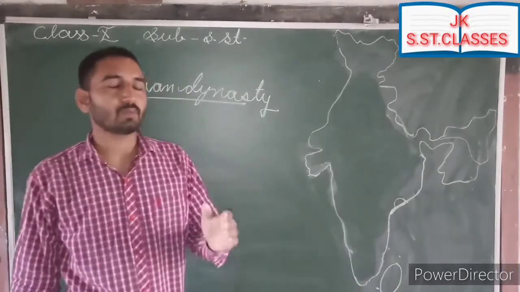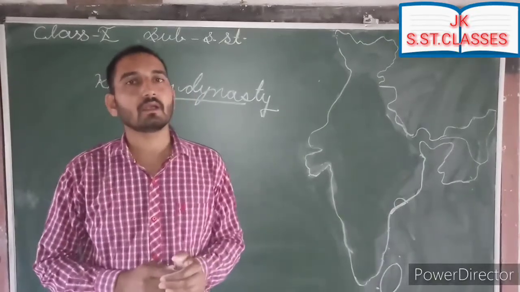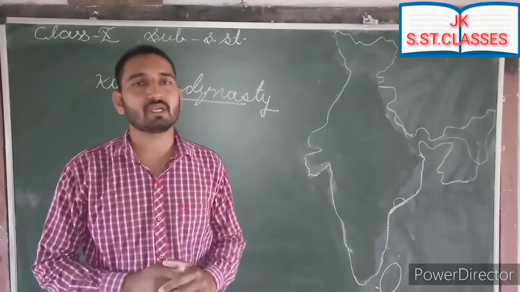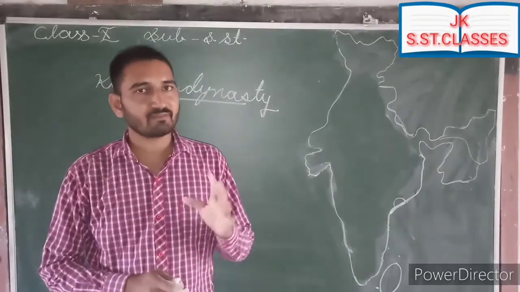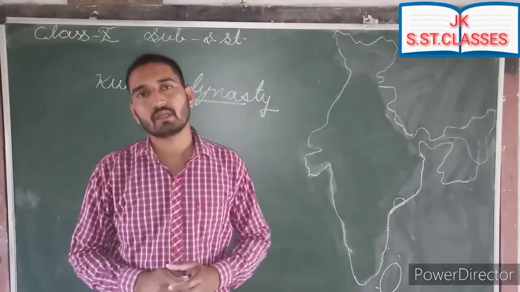Guys, the Kushans were a barbaric tribe related with China. In China, this tribe was a part of the Yuezhi or Tocharian tribe, which was later divided into five parts, and one part of that Yuezhi tribe was the Kushan dynasty.